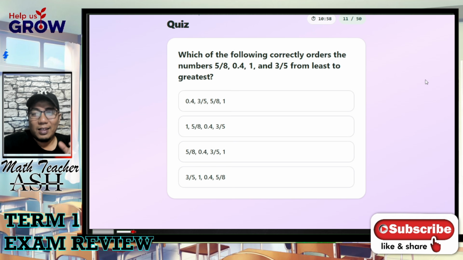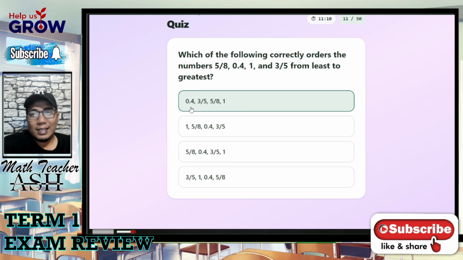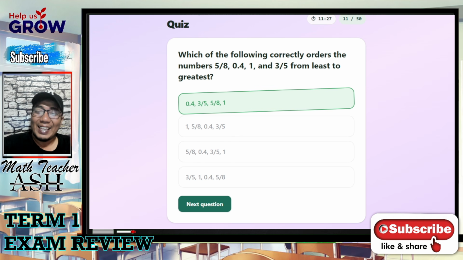That is 3 divided by 5, which is 0.6. Is 0.4 less than 0.6? Very good. That is lesser than 0.6. So this first example is the correct arrangement from least to greatest. Let's check whether we are correct. Easy, right? Now let us go to the next question.